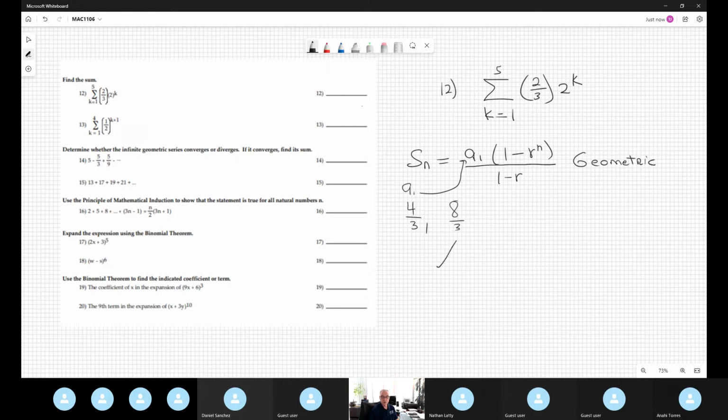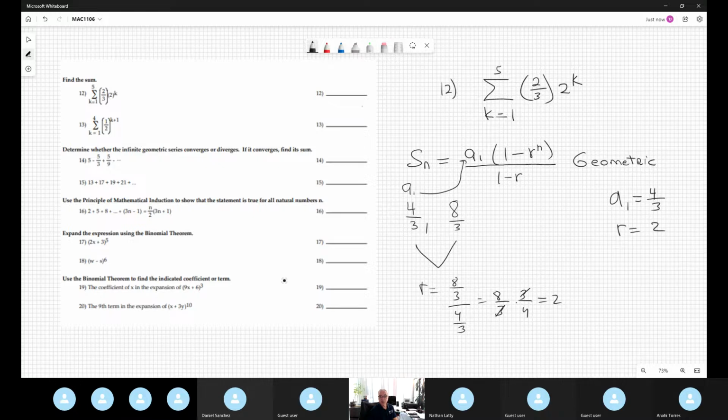You divide this by this to get the common ratio: 8/3 divided by 4/3. It's 8/3 times the reciprocal 3/4. 3 is cancelled, and 8 divided by 4 is 2. So I have in my hand the information that we need. A1 is 4/3 and common ratio R is 2.